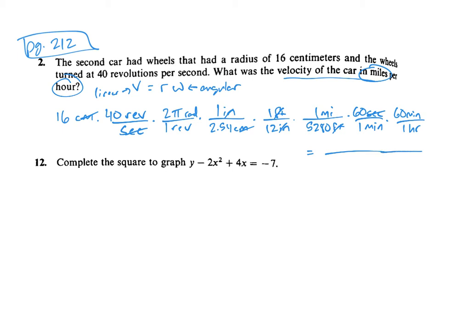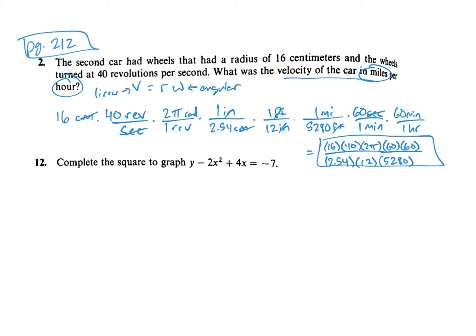So all my numbers on the top are 16, 40, 2 pi, and 60, 60. And then along the bottom, I've got 2.54, 12, and 5280. And on the test, they want you to just leave it like that.